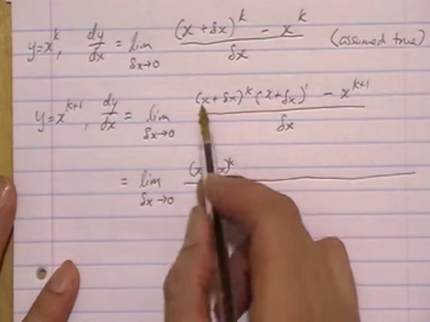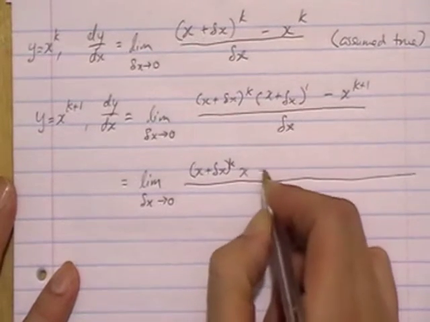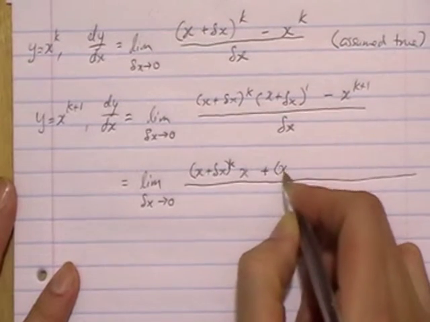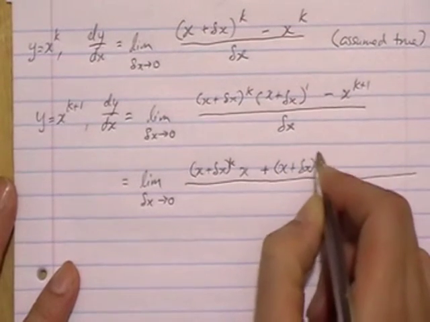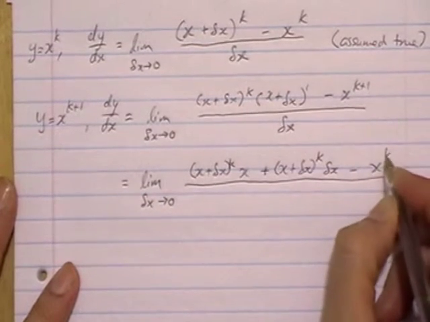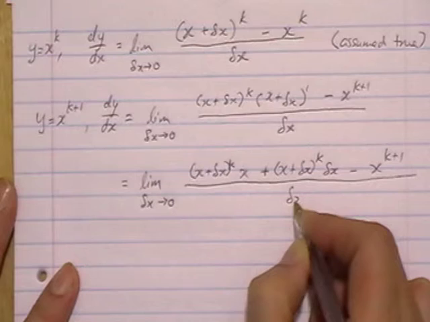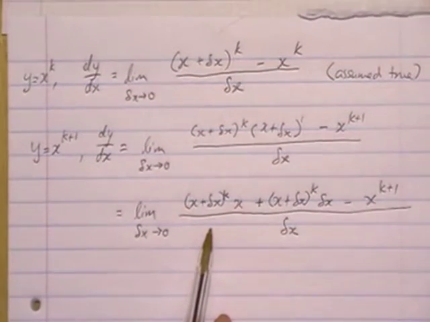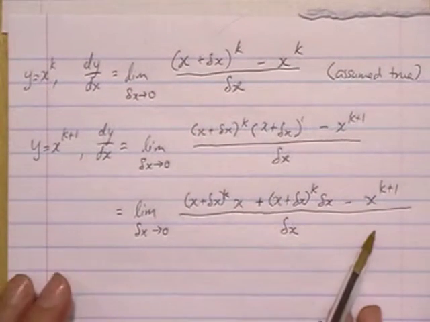The first term is this times x, and the next term is this times delta x. Okay. This is what we have.